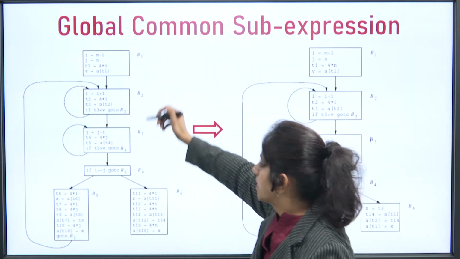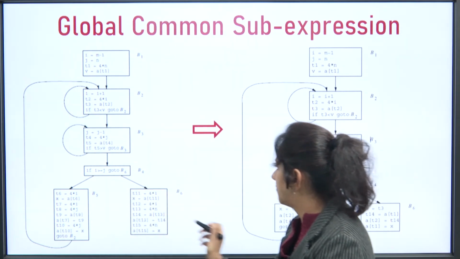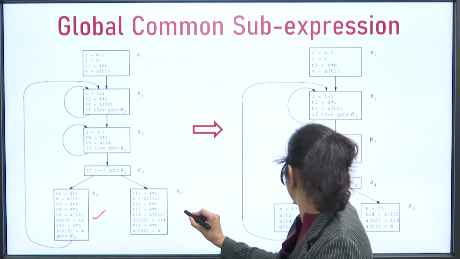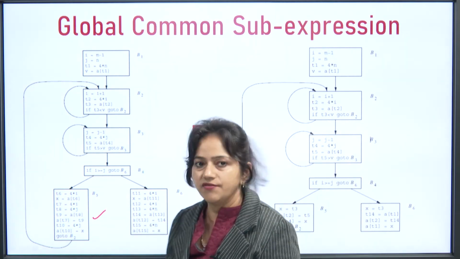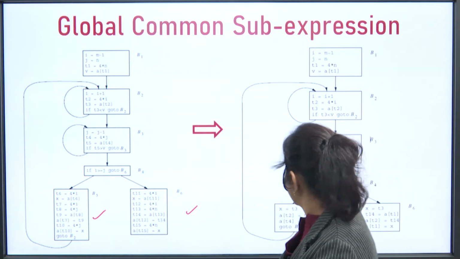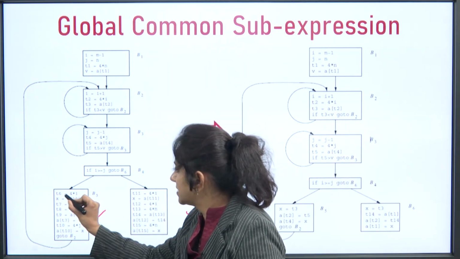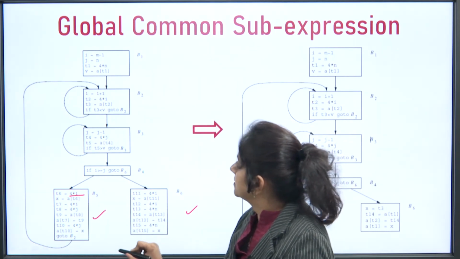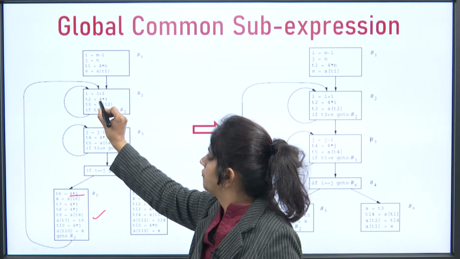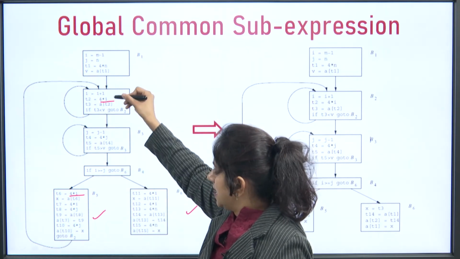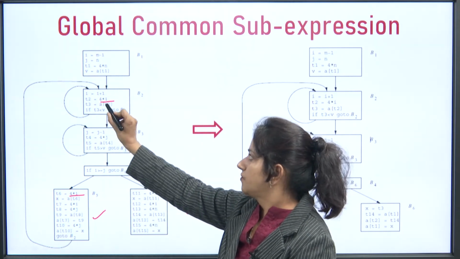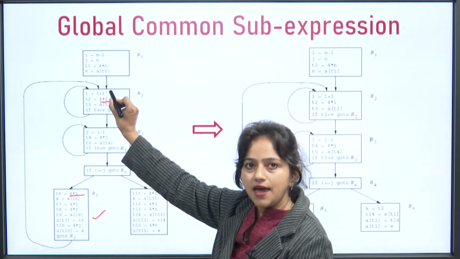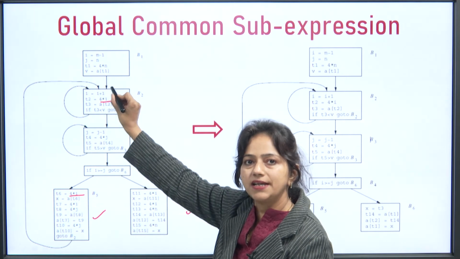Now see, this is block B1, B2, B3, B4, B5, B6. Now we will focus on blocks B5 and B6 only. Here we can see T6 is equal to 4 into I, and here T2 is equal to 4 into I. First the value of I is increased and then we are computing it on the updated value.